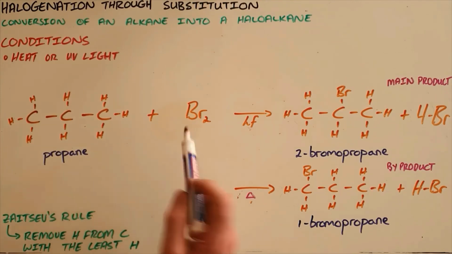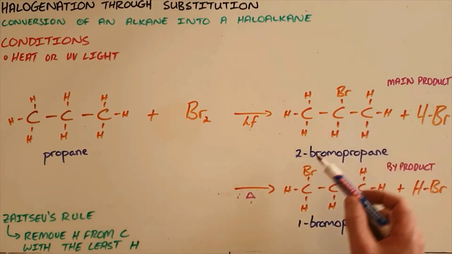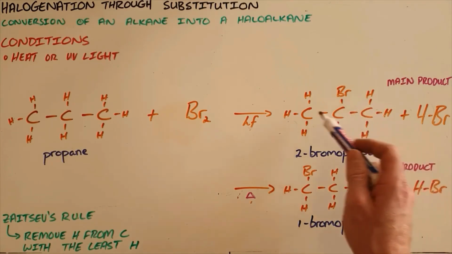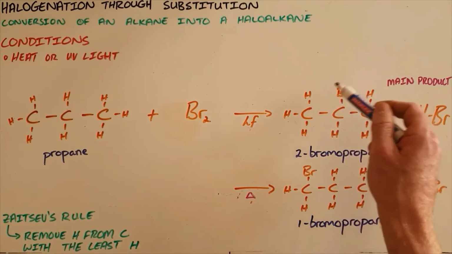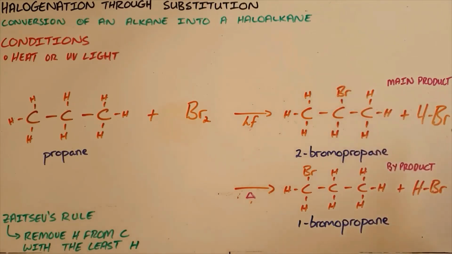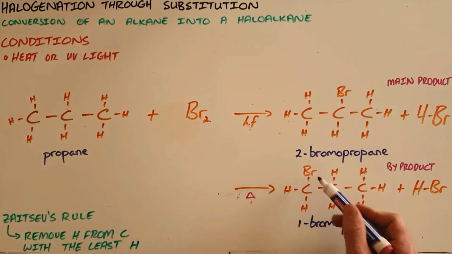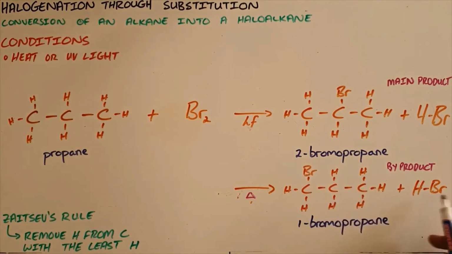And that means that there are then two products possible, that being 2-bromopropane, where a hydrogen on the second carbon has been replaced by a bromine, and then one of the products there being hydrogen bromide. Or another possible product is 1-bromopropane, where a hydrogen on the first carbon has been replaced, and then obviously hydrogen bromide still as a product.